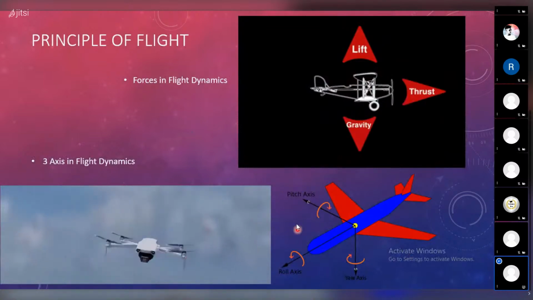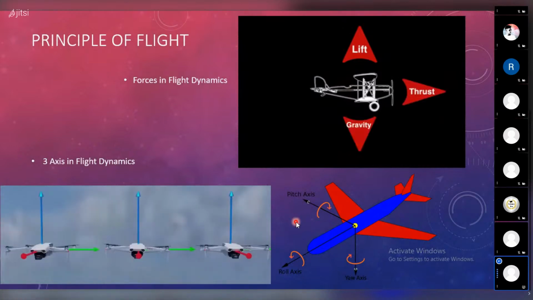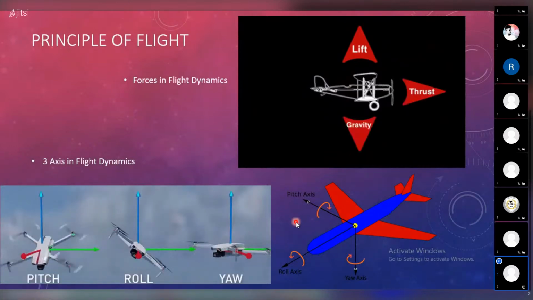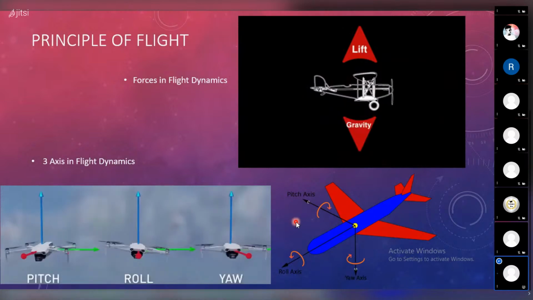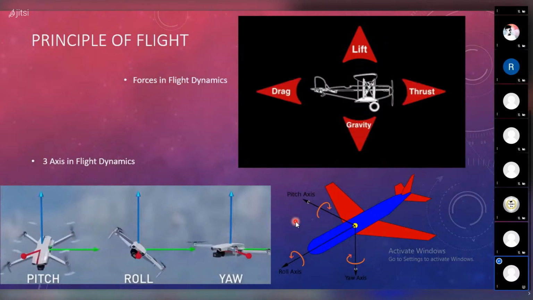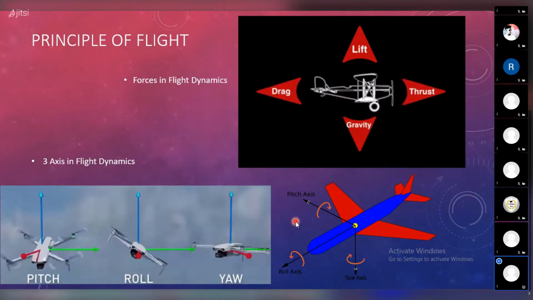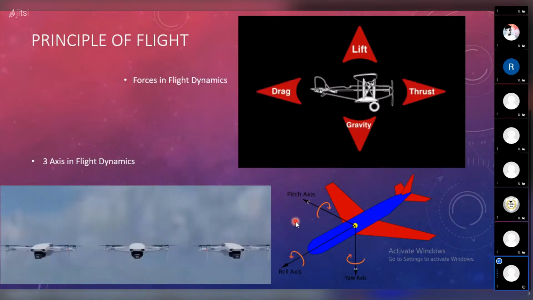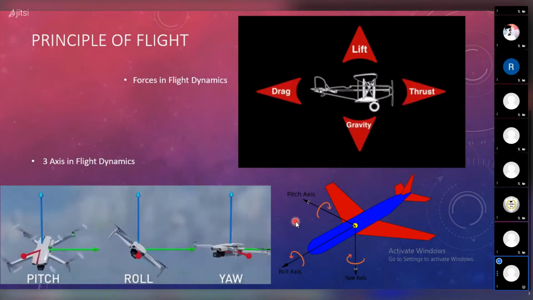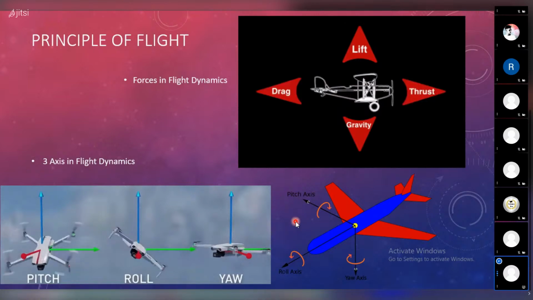So going ahead, what is the principle of flight of a drone? I believe the majority of our audience is from a technical background, so it's very necessary for us to know exactly how a drone works, how it operates, how it flies, and what the physics involved in a drone is. If you see the first picture, there are four forces that are responsible for the flight of a drone or an aircraft as a whole.